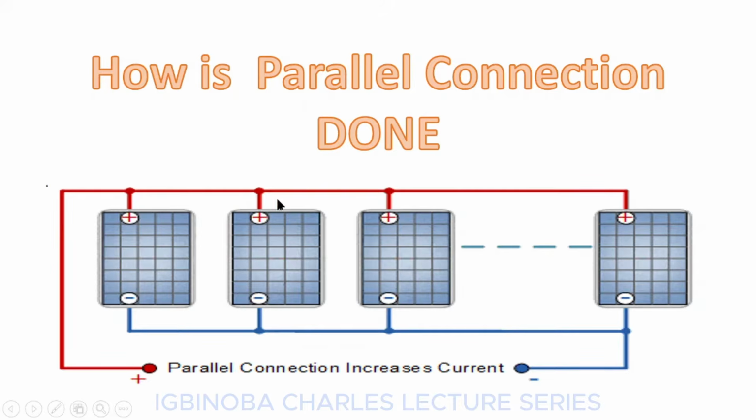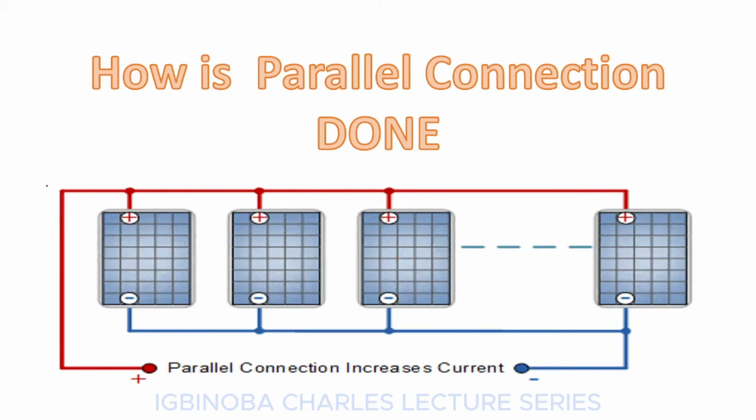The positive of the second panel is connected to the positive of the third panel, and the positive of the third panel is connected to the positive of the fourth panel, and the connection continues depending on the number of panels available.